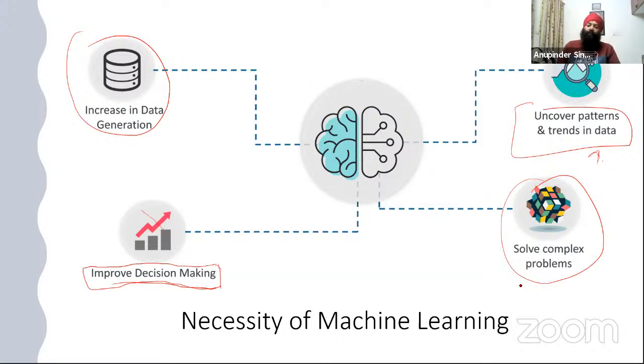The manageability of that code will be very easy for you, and the training and testing of that machine learning program will also be suitable and manageable, right? So these are the broad four categories why the necessity of machine learning is there.